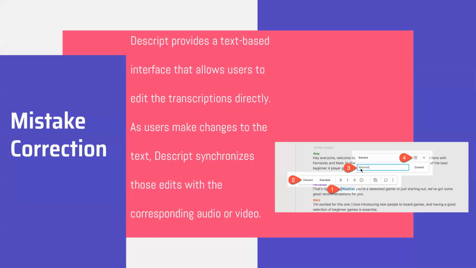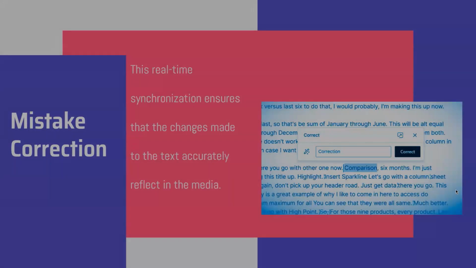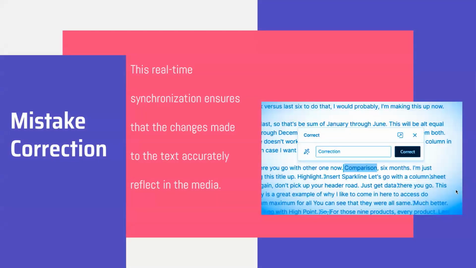So what you can do is go in and just fix that, and Descript will behind the scenes work to get better and better at reducing these mistakes. Descript also has real-time synchronization, so you can collaborate on a project so that multiple people can make corrections and it'll be quickly reflected on your end as well.